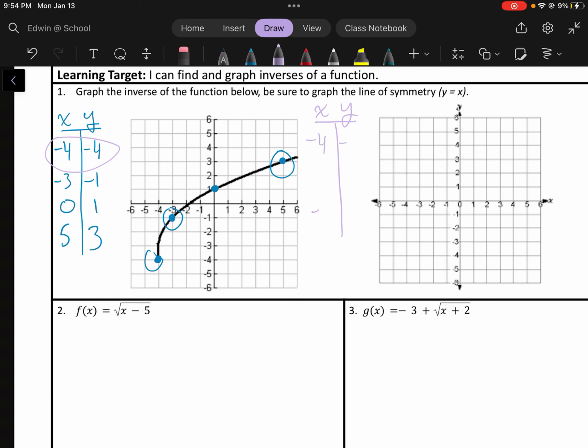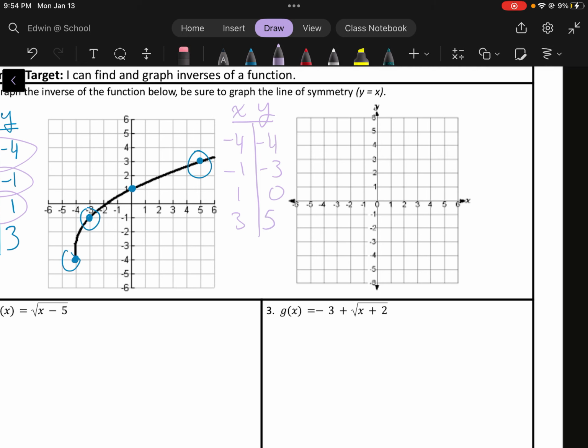So looking at this first point, we're going to switch both of them, which you might not see what it does because they're the same number. But for example, this next point, -3 and -1, now becomes -1 and -3. 0, 1 is going to become 1, 0. Finally, 5, 3 is 3, 5.